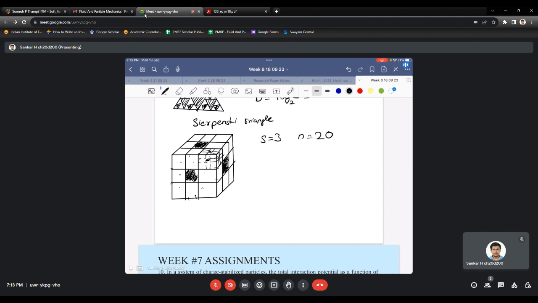Now, if we take the dimensionality of this, we get log 20 to the base 3, which is 2.726.